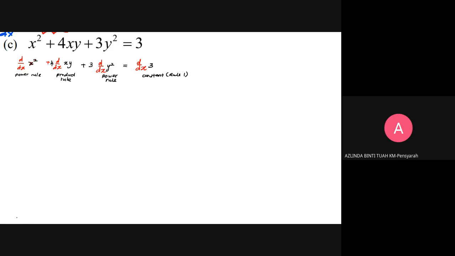Okay, let's proceed. So, first term jadi apa? 2x. Okay, plus 4 bracket x. Okay, kita akan tulis dia punya solution, jalan kerja di sebelah kanan, put it aside untuk differentiate x, y. Okay. Kena mention dulu u prime, v prime. Ada markah dekat situ. So, mention dulu u prime, v prime.